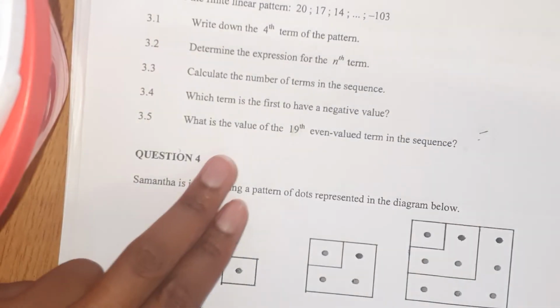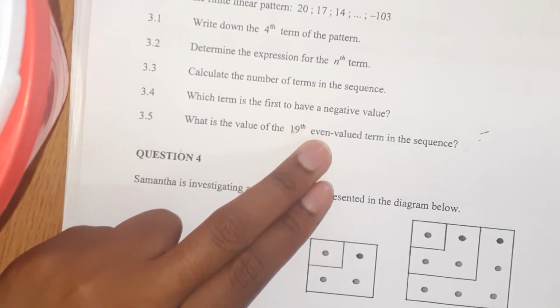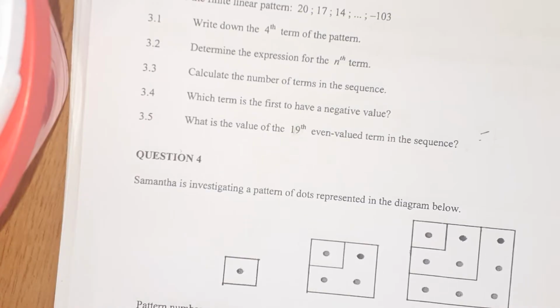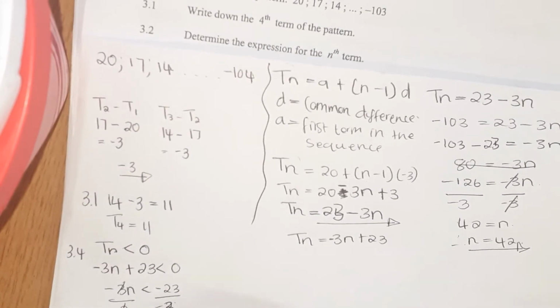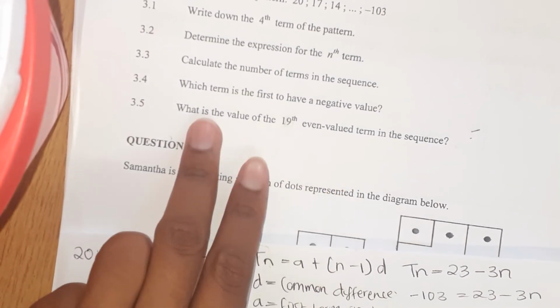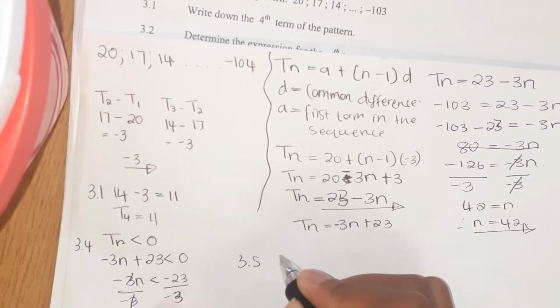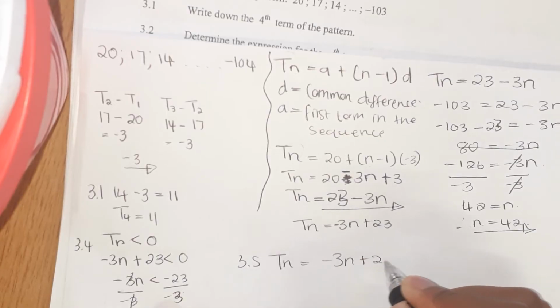And then 3.5 says, what is the value of the 19th even value term in the sequence? All right, so we are looking for the value of the 19th term. Here we have Tn equals negative 3n plus 23.